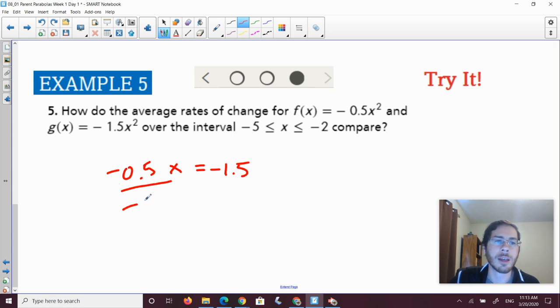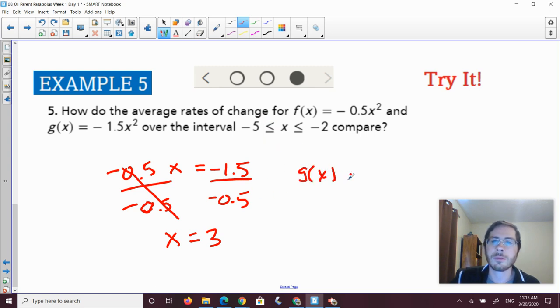If we divide both of them by negative 0.5, we're just solving a regular equation. We get x equals 3. So g of x should have an average rate of change that's triple, 3 times as big as f of x.